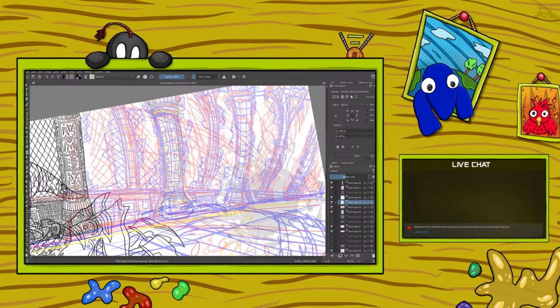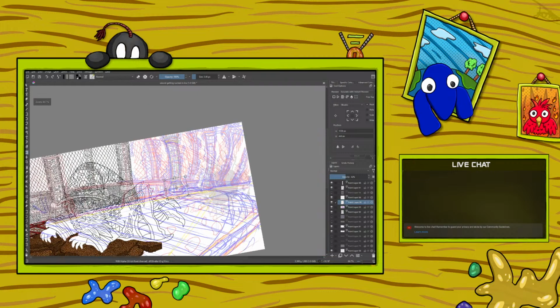I need to make sure that that line right there, so that's the line. That means that this one. So this one needs something like that.